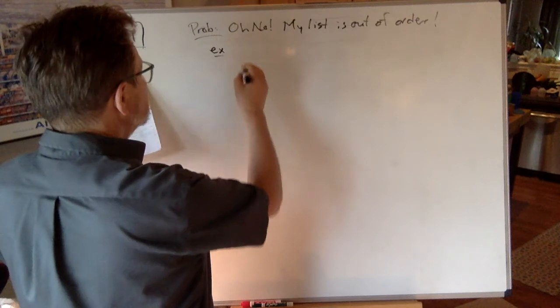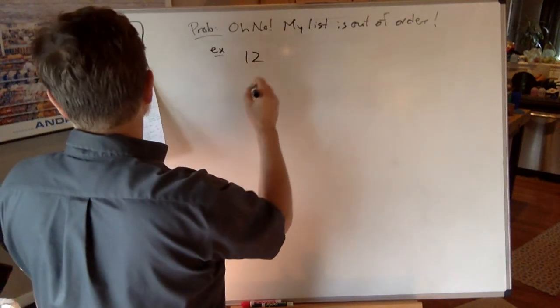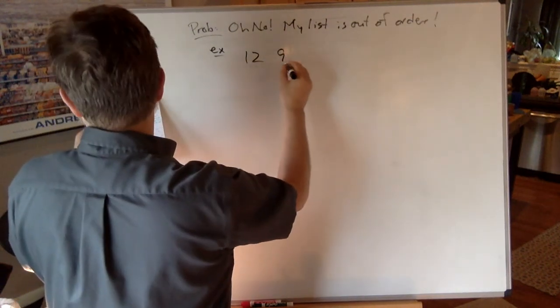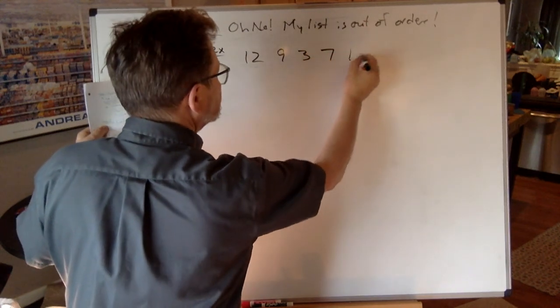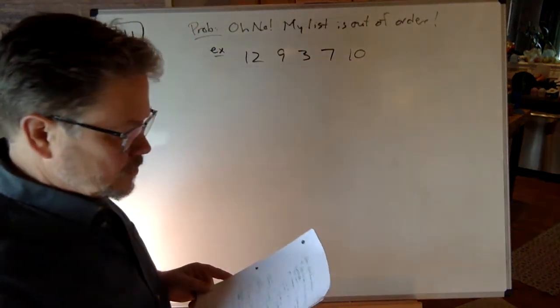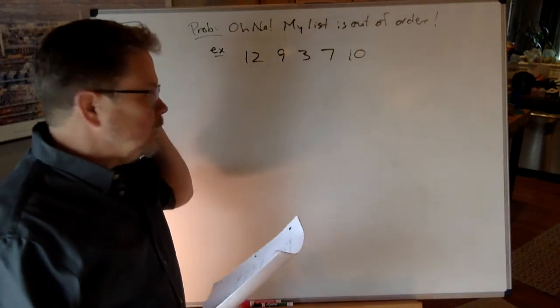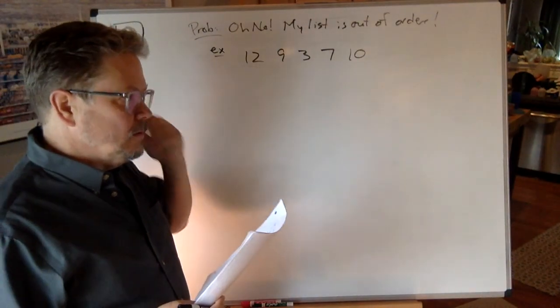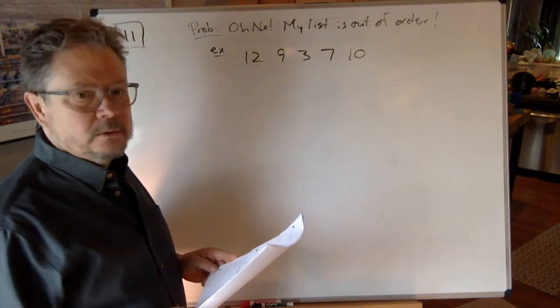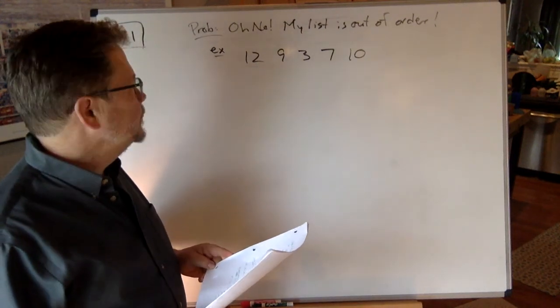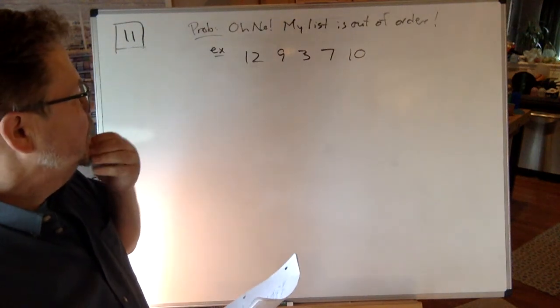For example, let's say these are my numbers. I've got numbers in my list: 9, 12, 3, 7, 10. And yeah, that's scrambled. That's out of order. And let's say we want to go for increasing order. It's going to be a similar algorithm to put them into decreasing order. But let's say we want to put them into increasing order. Let's see. Well, I can just eyeball that.